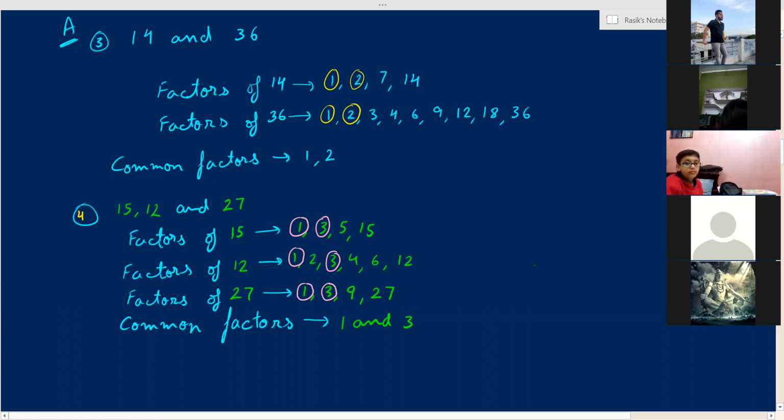Clear? How to do it for 3 numbers? It is the same method, but the only difference is that there are 3 numbers. Have you all understood? Yes, sir. Very nice. Any problem? No, sir.